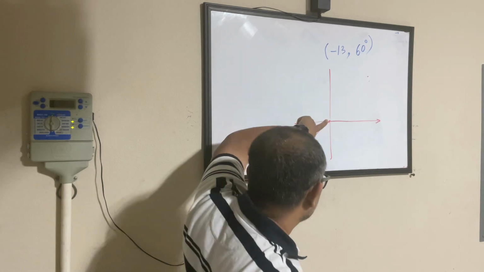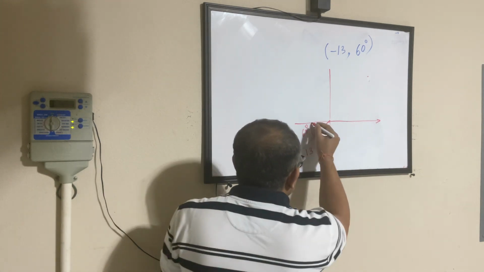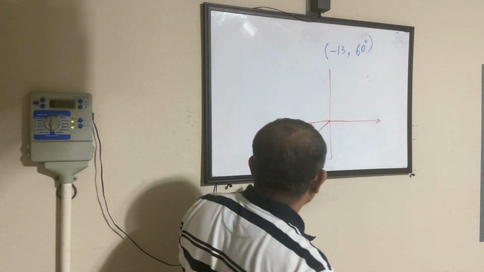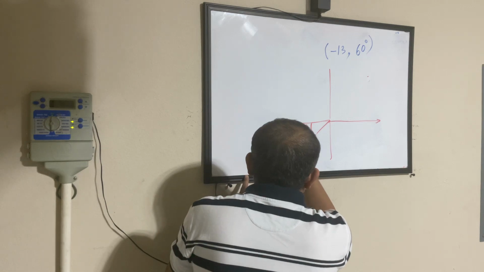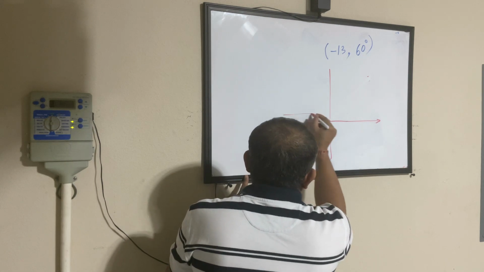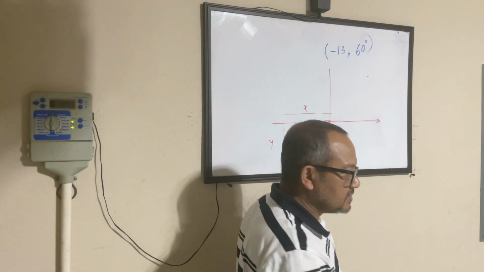I'm just saying this length, absolute length is 13. And this is angle 60 degree. Now, what I have to find is this y and this x. Everybody with me so far?